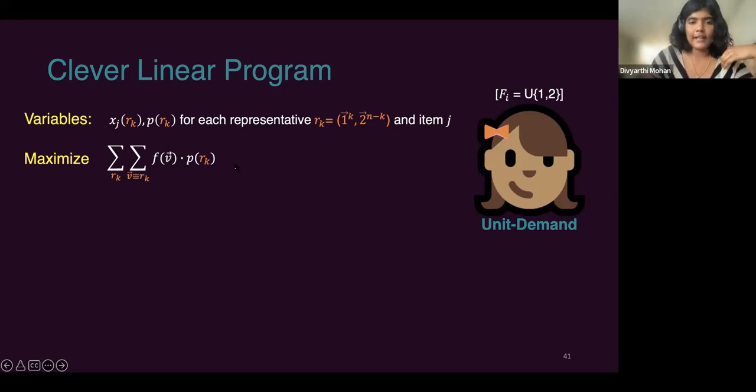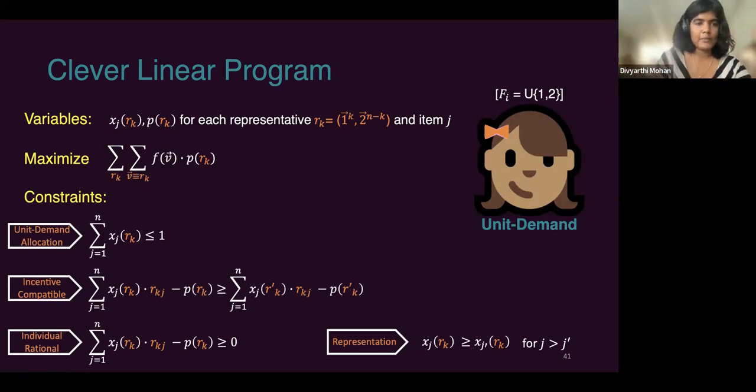And this exactly gives us the objective to maximize revenue. Okay, so we again have similar constraints. These are just the constraints from before, and we have one more constraint which makes sure that these representatives are actually representatives.